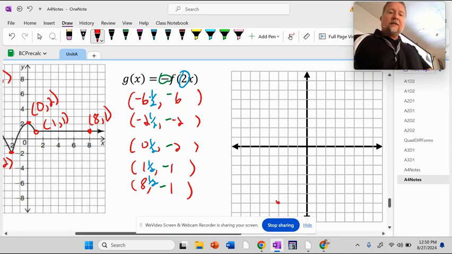This is half of -2, which is -1, comma, 2. Be careful on that. Half of 0 is 0, -2. Half of 1 is 0.5, comma, -1. Half of 8 is 4, comma, -1.